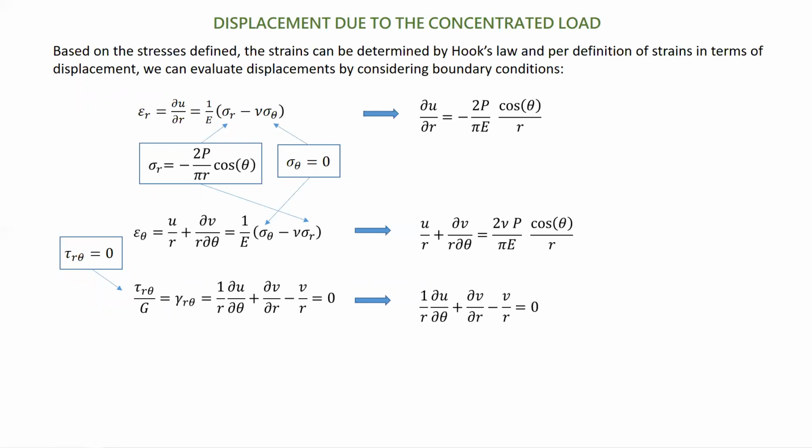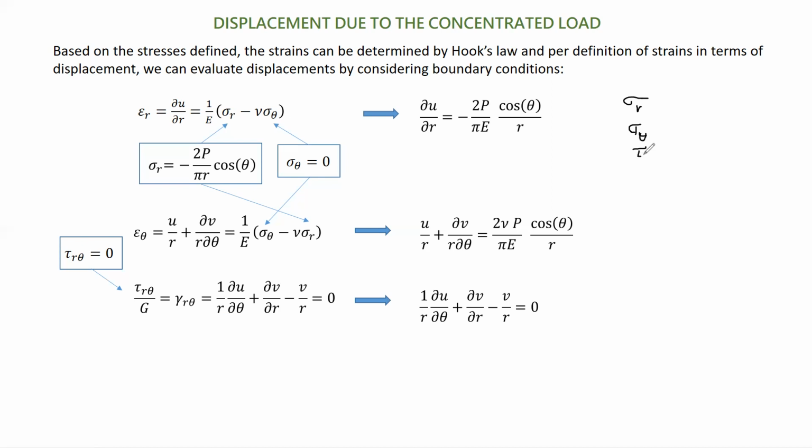Once the stresses in these cases are defined, our next step is to calculate displacement. What is the displacement? And that is the same technique we use for every problem. Stresses are calculated. I know sigma r. I know sigma theta.